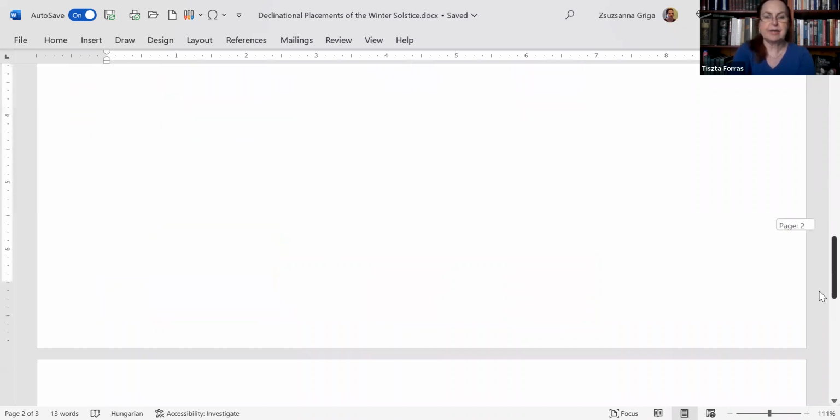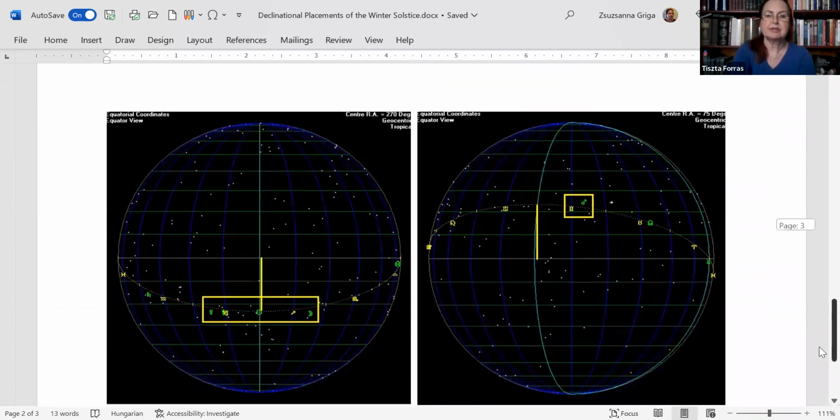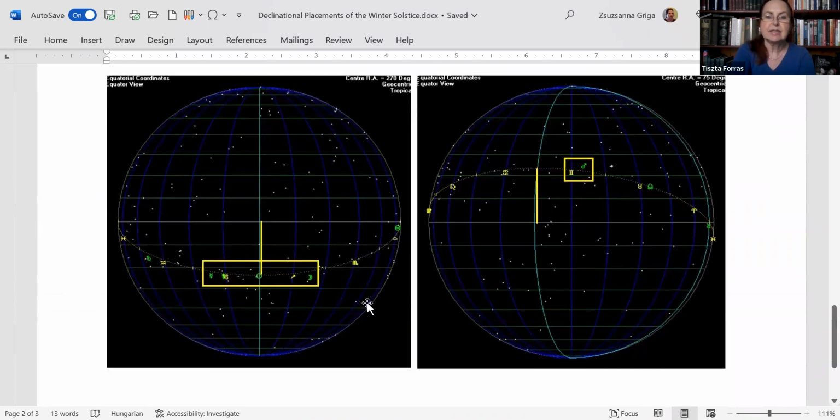And here are the planetarium pictures, so you can actually check them out. The solstice Sun is on the ecliptic at its furthest position potential. And you can see that these tiny yellow dots are the ecliptic, and each of the planets is out there. Then Mars is on the other side of the celestial globe.